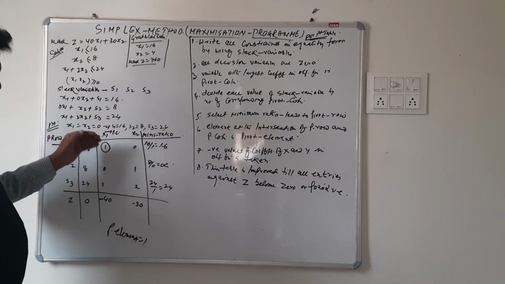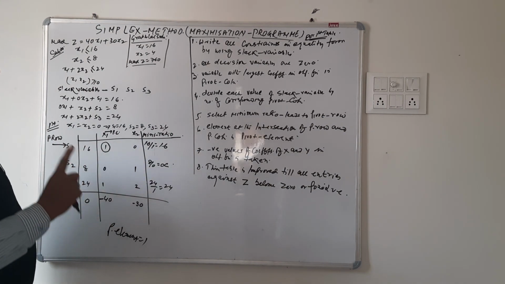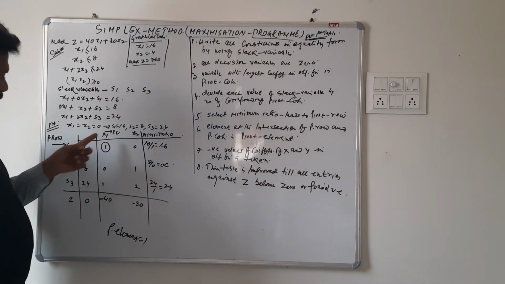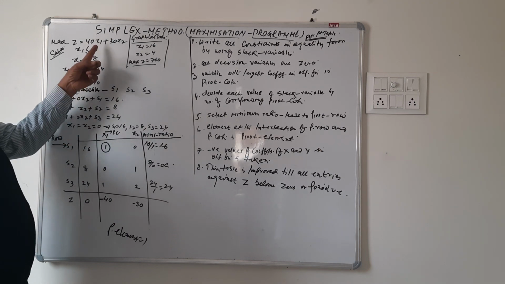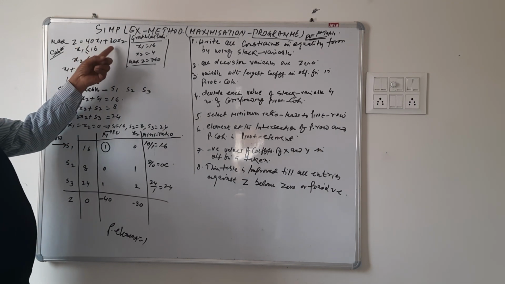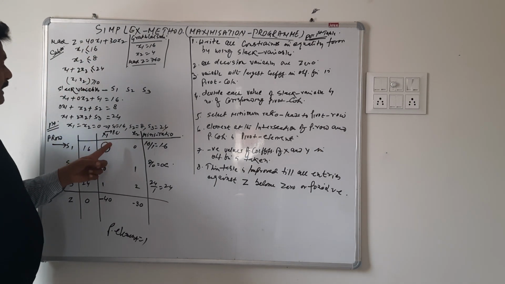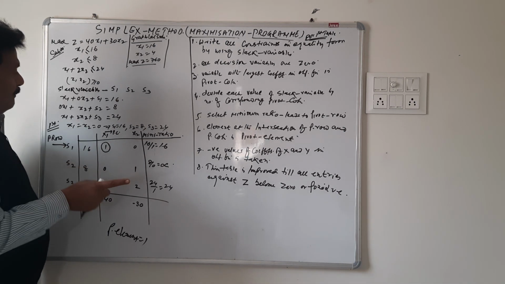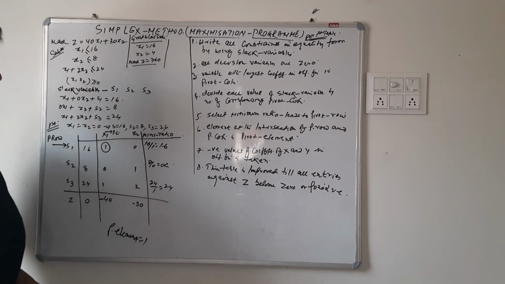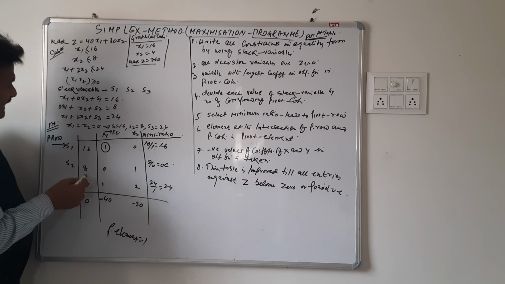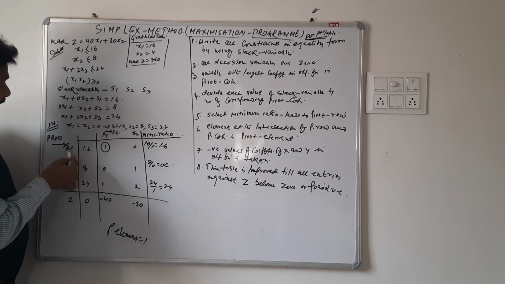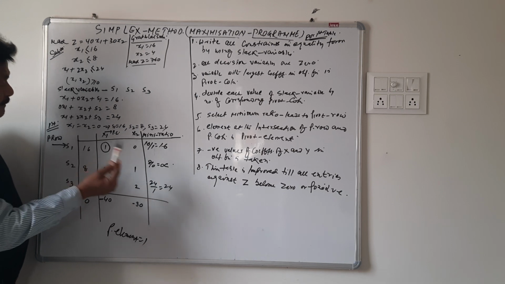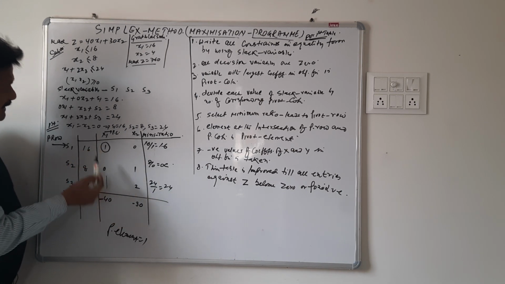Then when we have arranged all the values, we look for the pivot column. Which one, x1 or x2? The variable with the largest coefficient in the objective function becomes the pivot column. Once we have identified the pivot column, we divide the solutions of s1, s2, s3 by the corresponding elements of the pivot column.